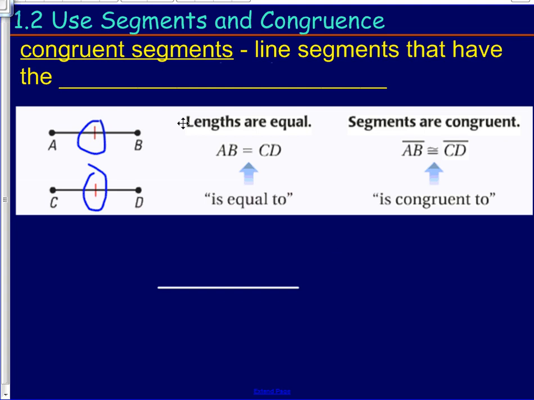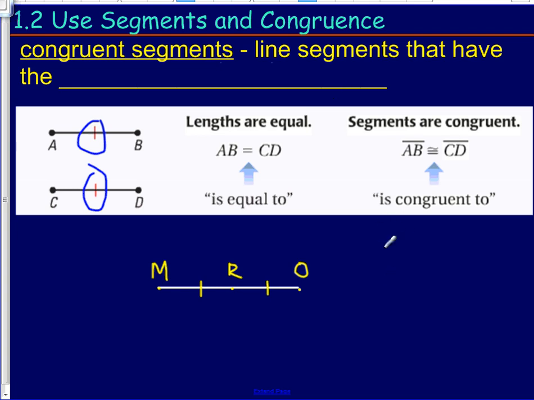Alright, so here I have a segment, okay, and I am going to state that this is M, and this is O, okay, and this point in the middle is R. Alright, now, and I'm going to state that MR is congruent to RO.